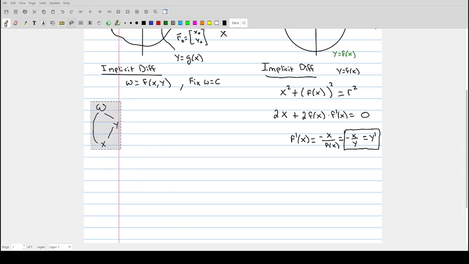And what we have for our implicit equation on the level curve is that f of x comma g of x, because g of x is equal to y, is equal to c on the level curve. This is just coming from the definition of the level curve, which is that f of x comma y is fixed at c.